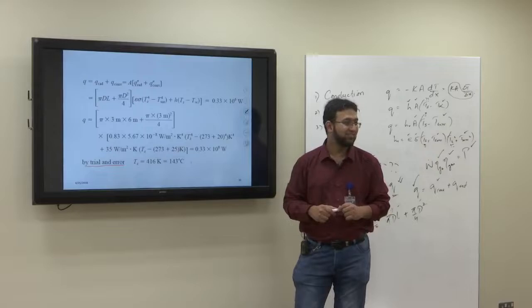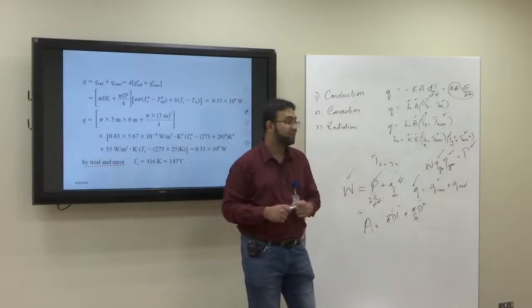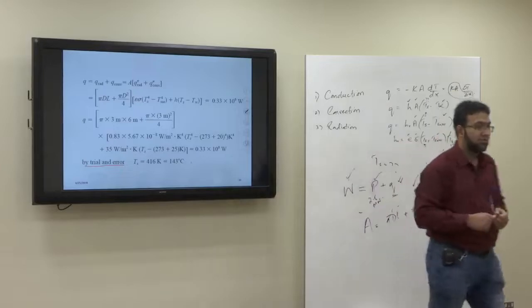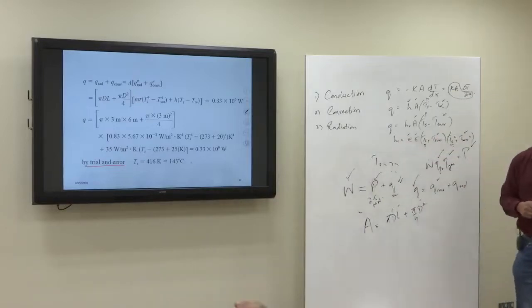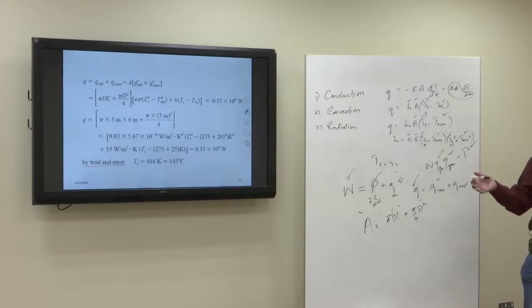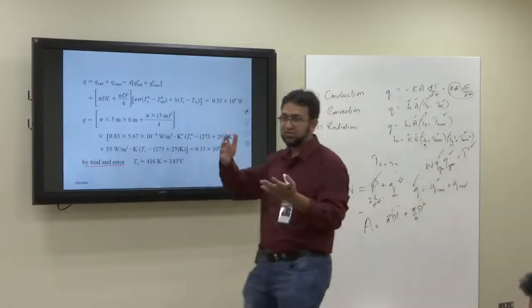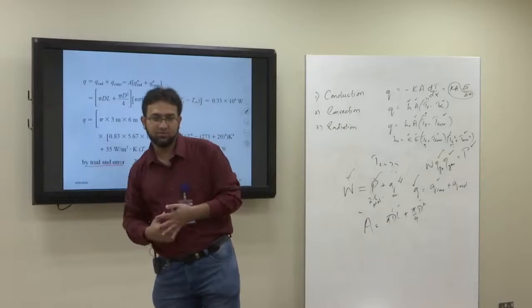For the Q, always take Q convective plus the radiation Q. Not necessary that the question says radiation or something for the heat rejection. But you have to understand that in this scenario the only possible ways of heat rejection are convection and radiation. The shaft is in the air, that's why radiation loss will be there as well.